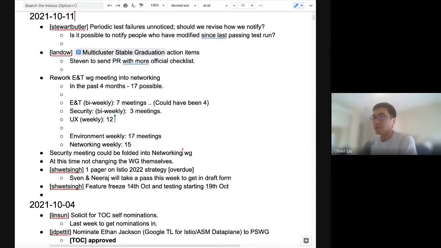What I was saying is occasionally we have several security items to discuss in a meeting. If we merge them together, it could make the networking meeting longer, and I'm not sure if the current networking meeting is already pretty long.